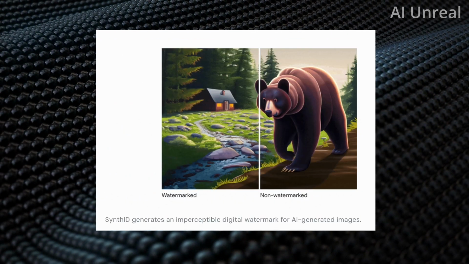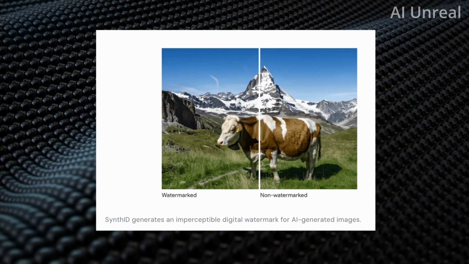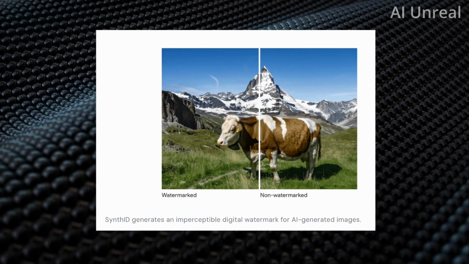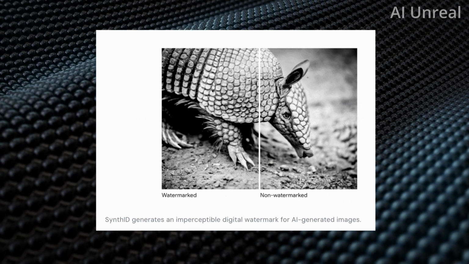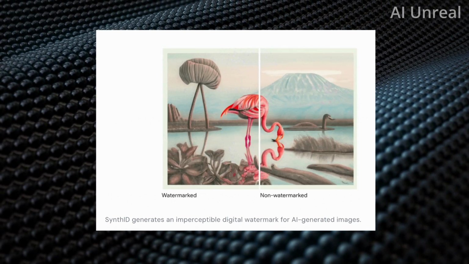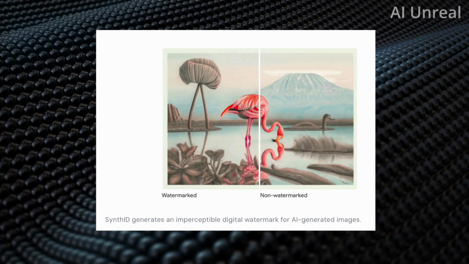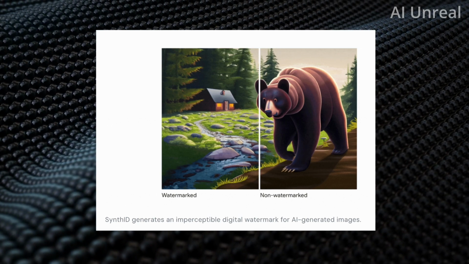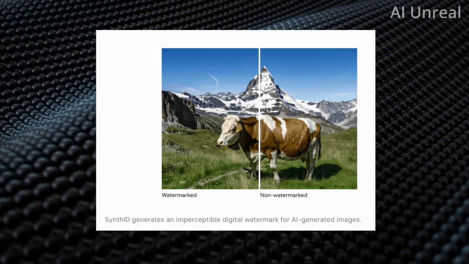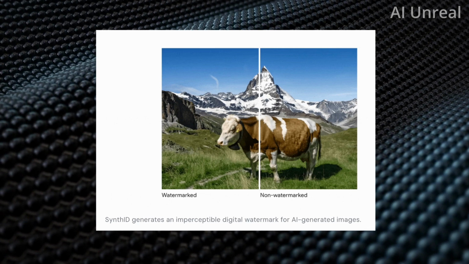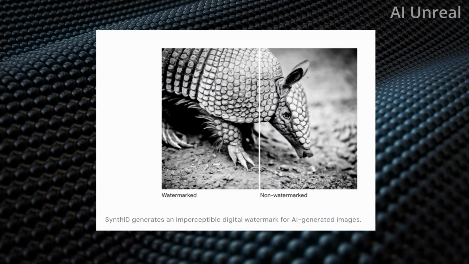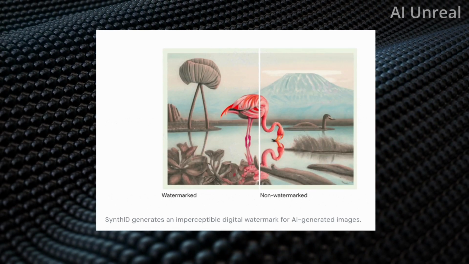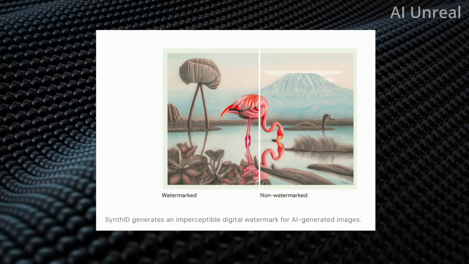Now, here's something interesting. You can see it showcases images with the left side as watermarked and the right side as non-watermarked. And at least from my point of view, maybe if you have some crazy vision, who knows, but just looking right here by myself, I can see that there is nothing out of the ordinary.